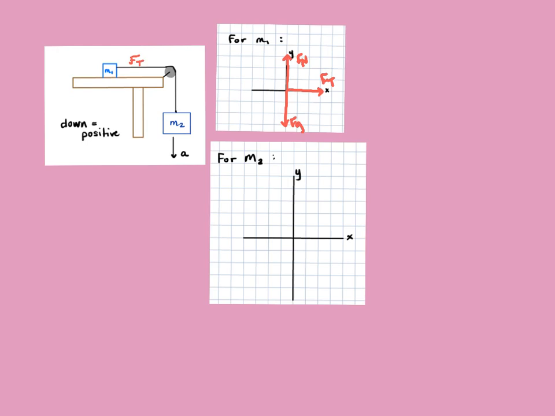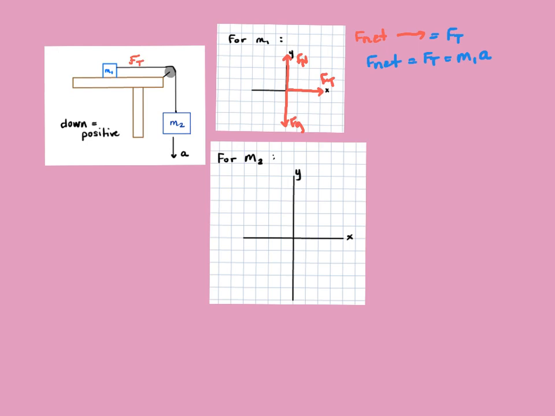So F net for mass 1 is to the right, and it's equal to that force of tension. Remember, we've learned now that F net equals MA, and we're talking about mass 1, so mass 1 times the acceleration.